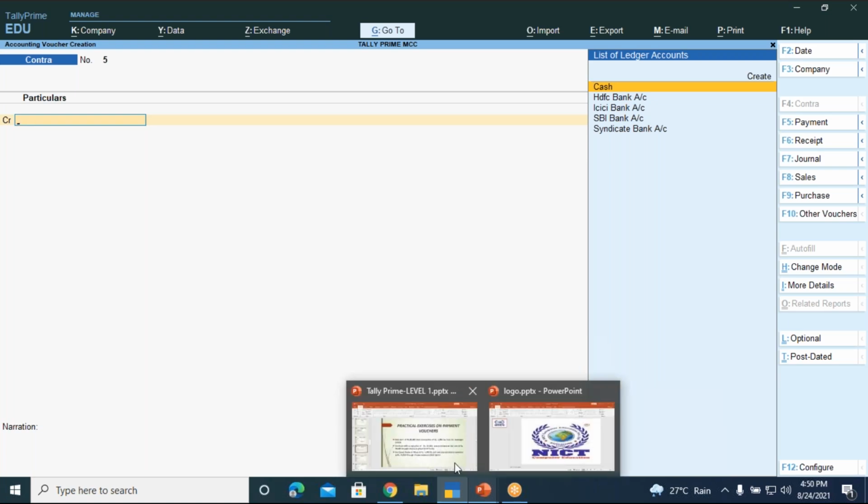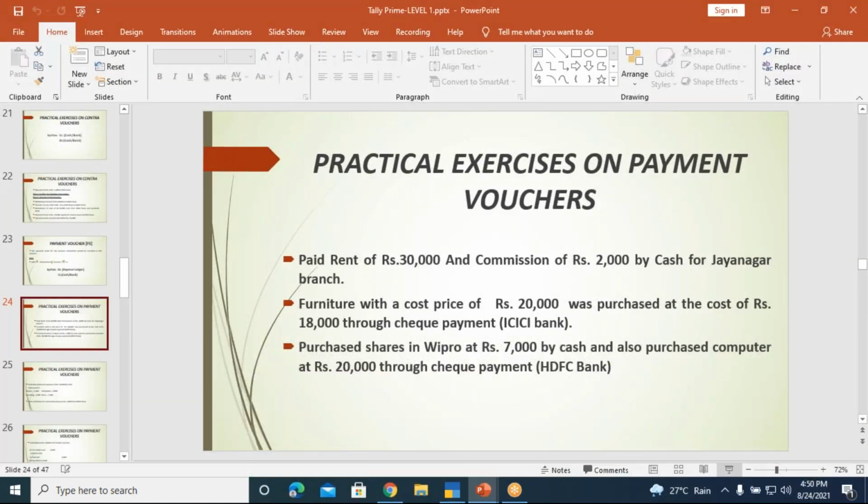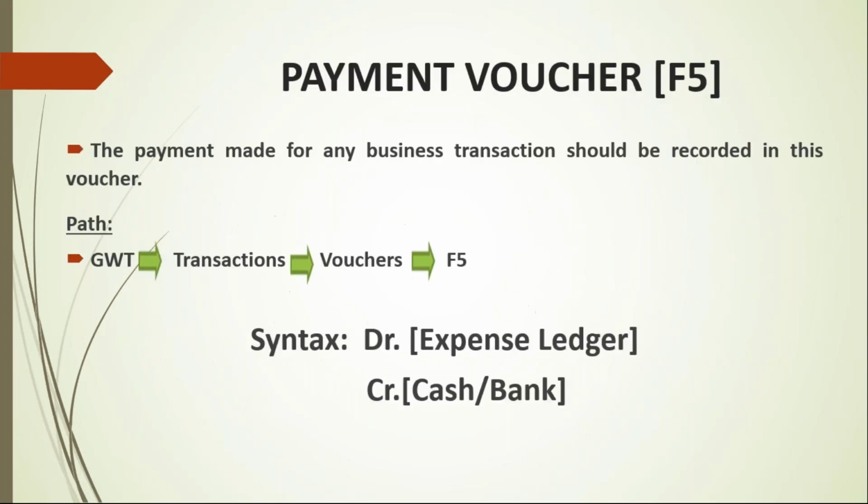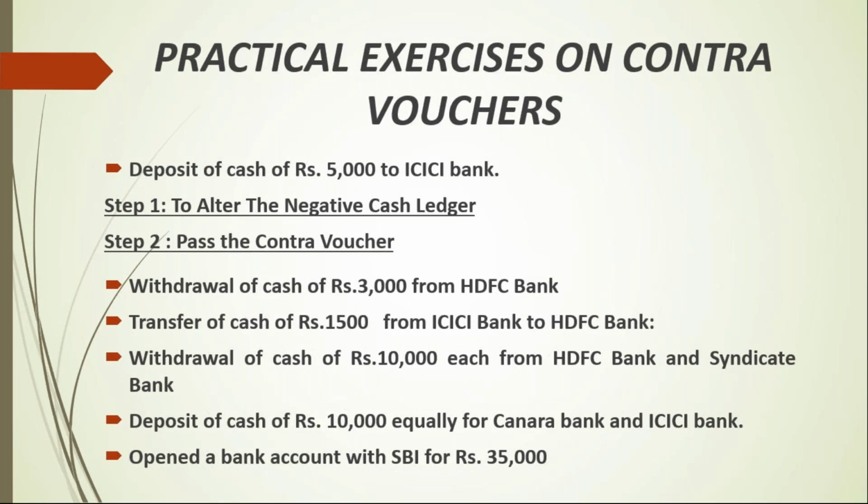Now we can go for the next one. Yes. So here we have a deposit of cash of 10,000 equally for Canara Bank and ICICI Bank. The company is depositing cash of rupees 10,000 equally for Canara Bank and ICICI Bank.